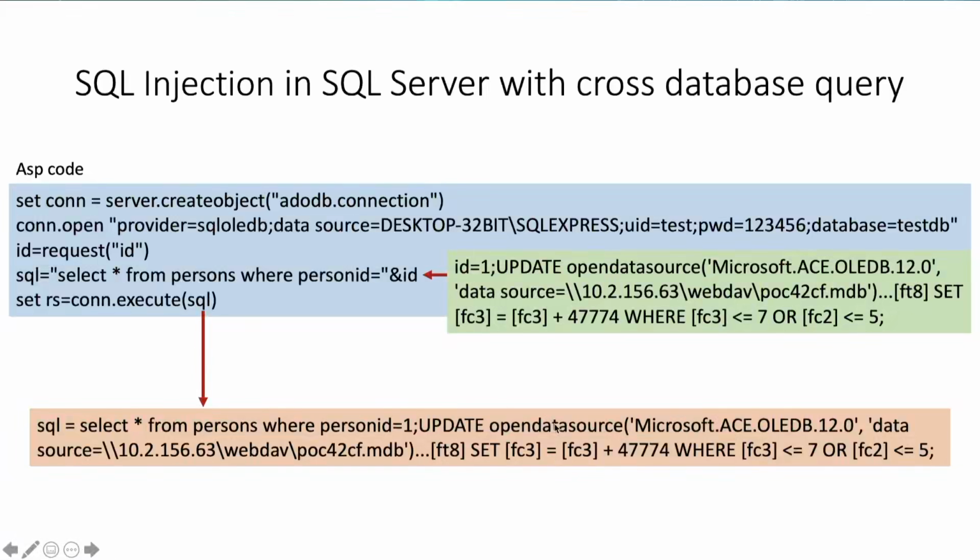In this case, we use open data source as an example, and it sets the provider to ACE 12.0 to let the SQL Server use MSJet 12.0 to do a cross-database SQL query on the remote database file on the WebDAV server.